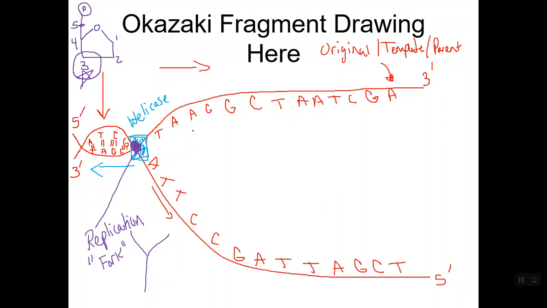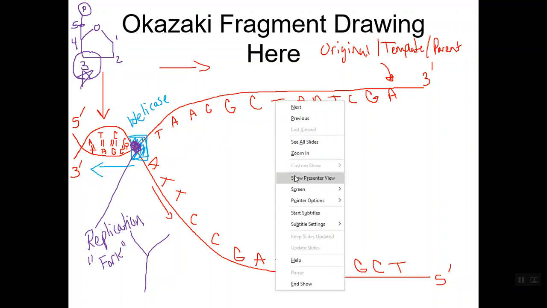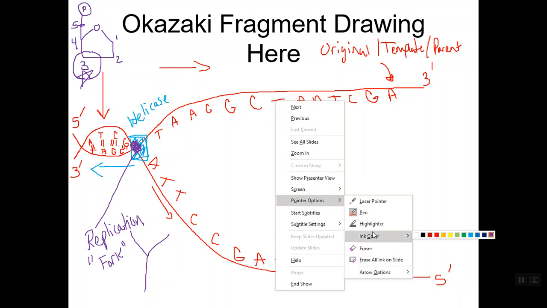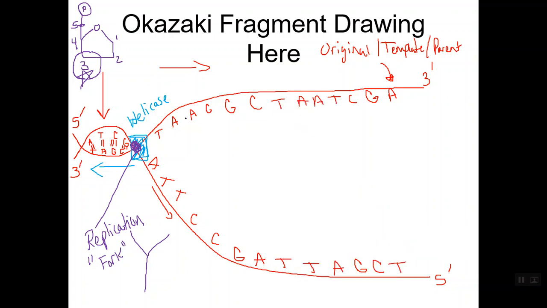So let's go ahead and add our, I'm actually going to stay in purple here. I don't want to pick green just in case anyone's colorblind. Let's do it in black, just because I'm kind of running out of colors. So black will be our complementary strand.